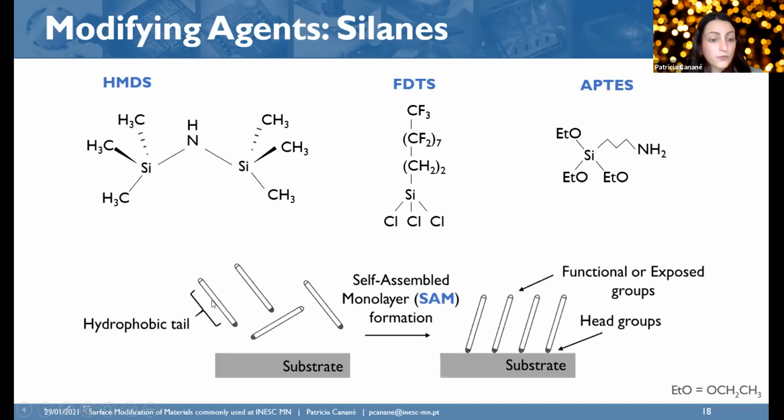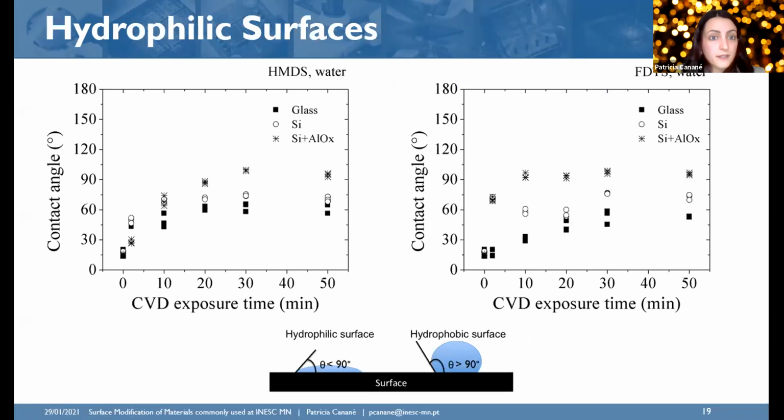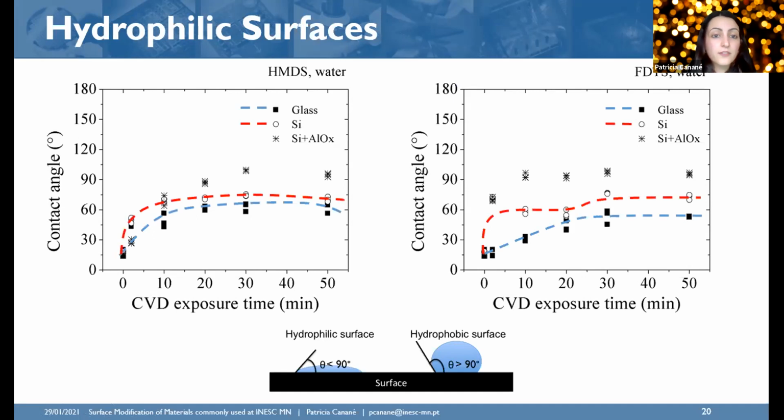Normally silanes have a hydrophobic tail or hydrophobic groups, which when in the proximity of the substrate form a self-assembled monolayer in which the head groups that have high affinity to the chemistry of the substrate interact with the substrate, leaving functional groups different from the ones present initially on the substrate and leading to an alteration of the surface wettability.